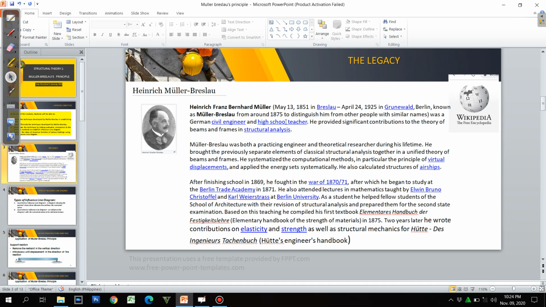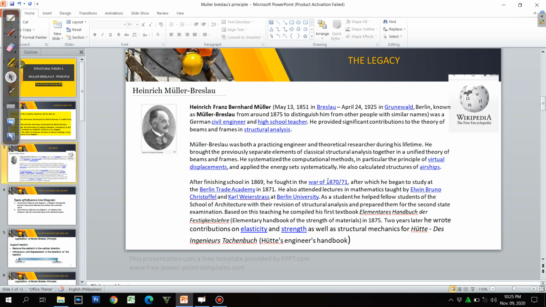As a trivia, he was named as Mahler-Breslau to distinguish him from other people with similar names. And he was a German civil engineer and a high school teacher. He provided significant contributions to the theory of beams and frames in structural analysis. He was both a practicing engineer and theoretical researcher during his lifetime.